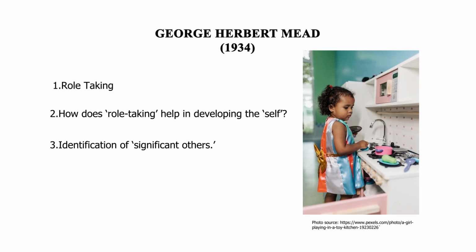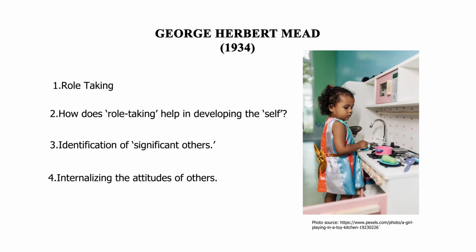Roles, to Mead, are responses to the behaviors of these generalized others, such that these roles can be many, and the entire community or social group at one point can become an individual's generalized other. For instance, a child can play or take the role of a doctor and act out a behavior in response to a patient.